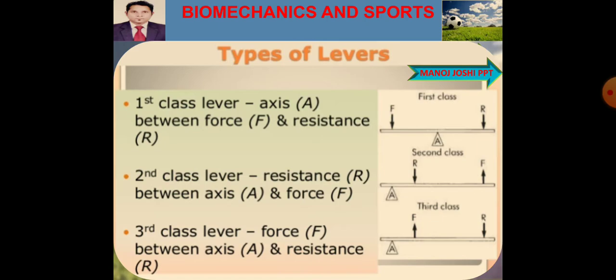Third class lever, in which the force is in between the fulcrum and resistance, meaning the force is between axis A and resistance R. So in these three ways the lever works.